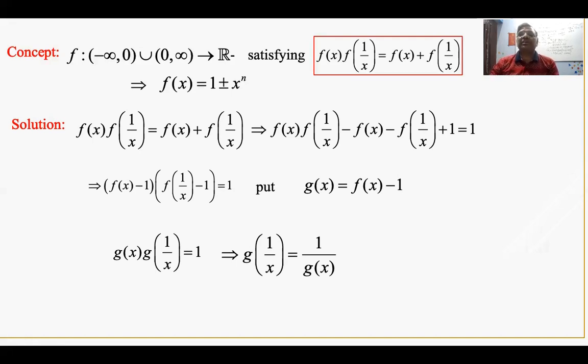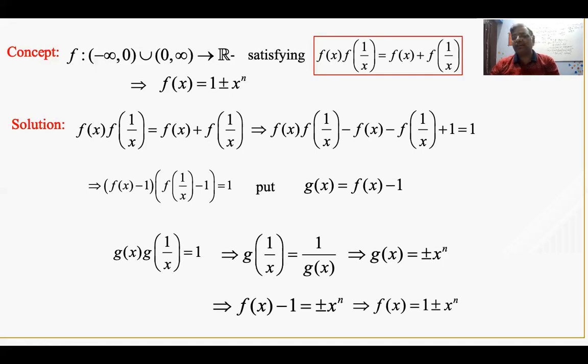Such a function is possible only if it is plus or minus x to the power n. So g of x is plus or minus x to the power n, but g of x is nothing but f of x minus 1. So f of x minus 1 is plus or minus x to the power n. Therefore, f of x is equal to 1 plus or minus x to the power n. This is exactly the concept. We have proved it. Okay.